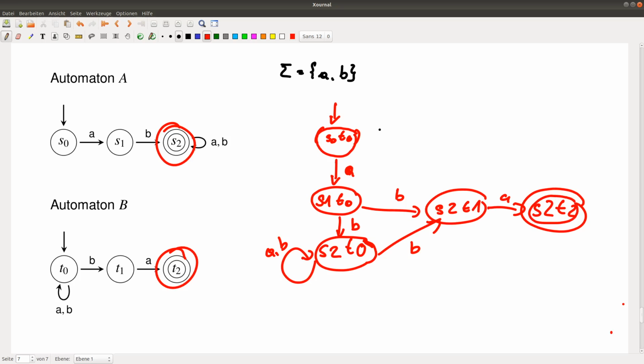Okay, and when we now look at what kind of words are accepted, then obviously the shortest word is ABA. So it starts with AB and ends with BA.